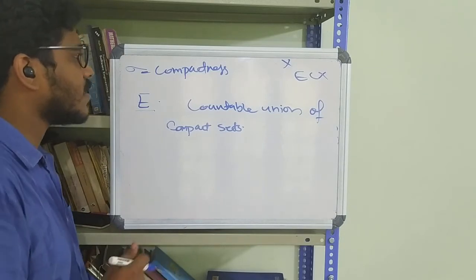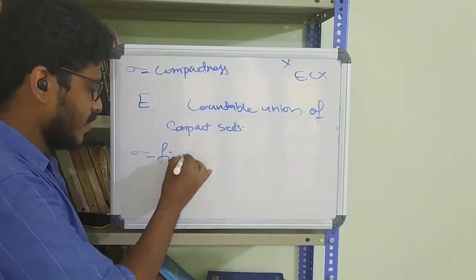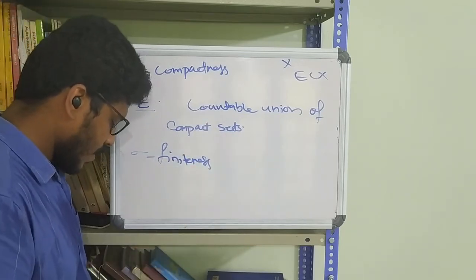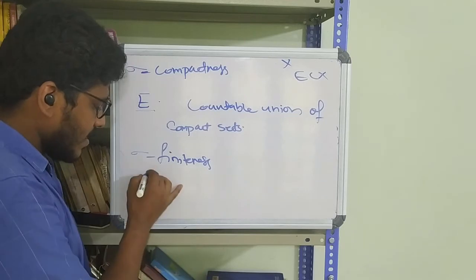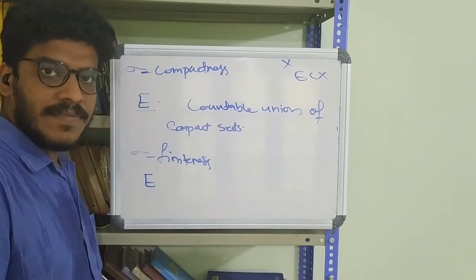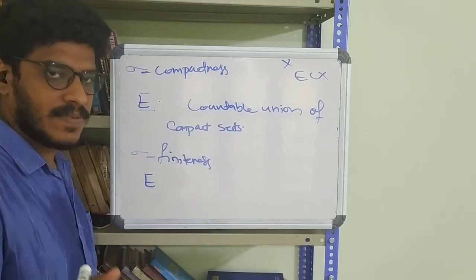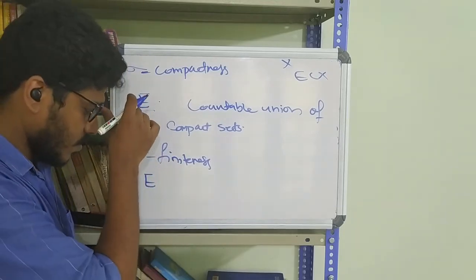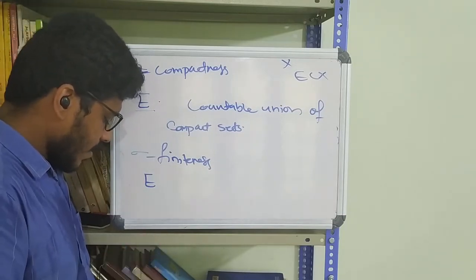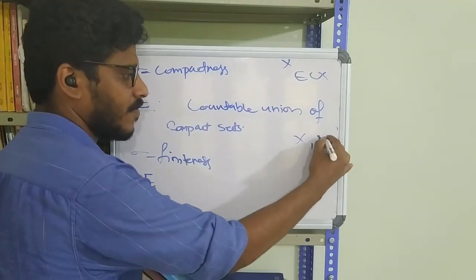So like sigma compactness, we have sigma finiteness, which comes from the measure part. A set E in a measure space, you remember the definitions of measure space, measurable space and everything, which might have been discussed in your course so far. Say X is a measure space with measure mu.